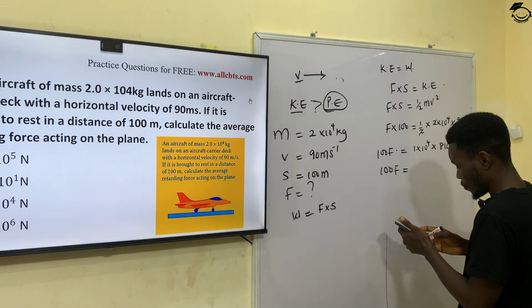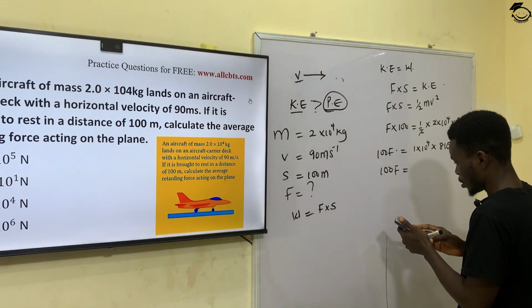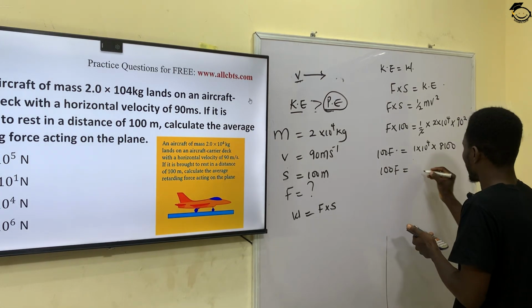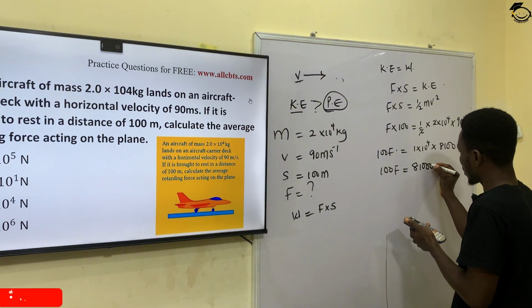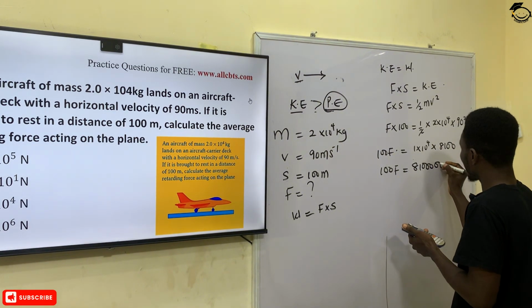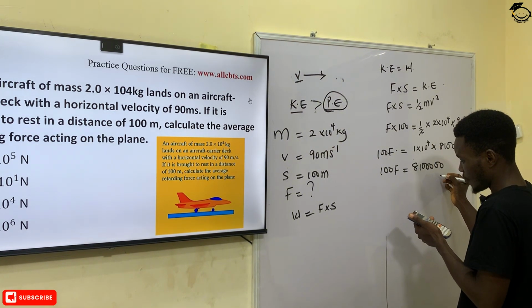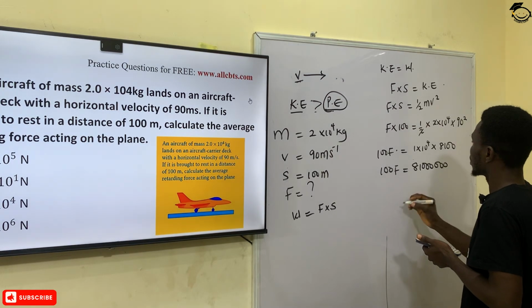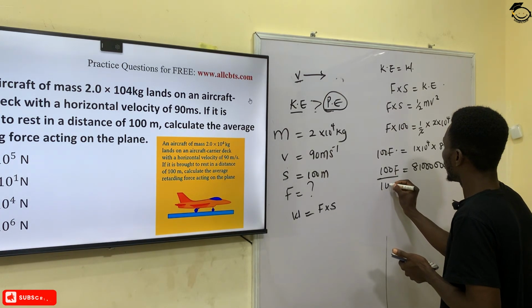This means I have 100 force is equal to 81,000,000. So I have 81 million. So I divide both sides by 100.